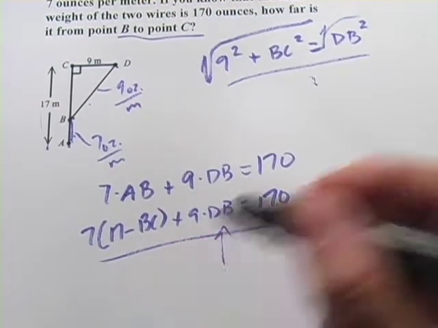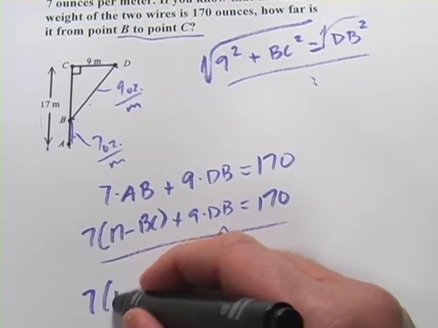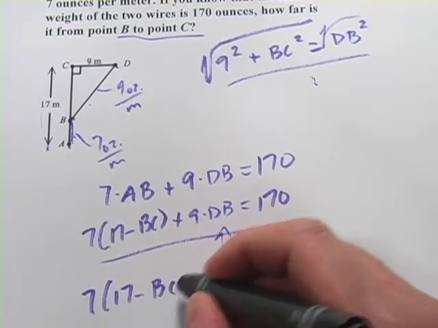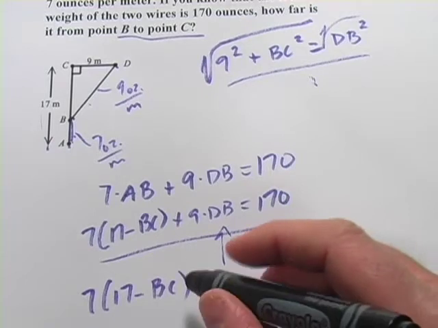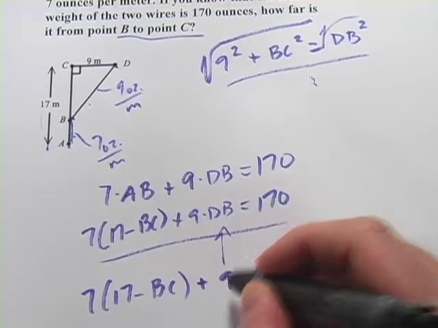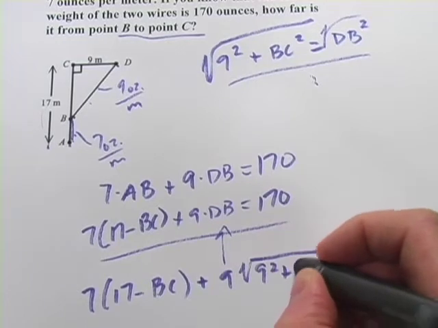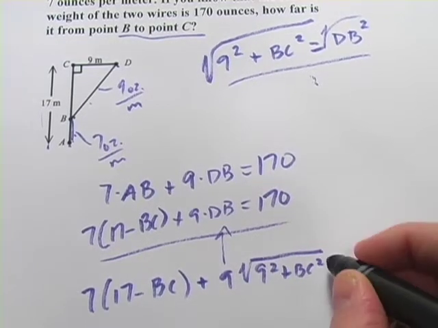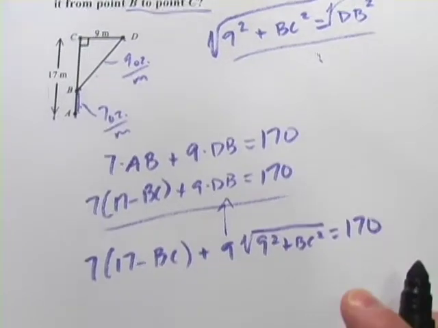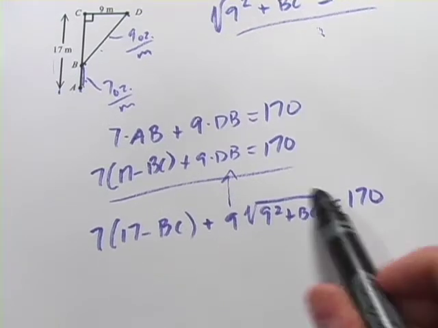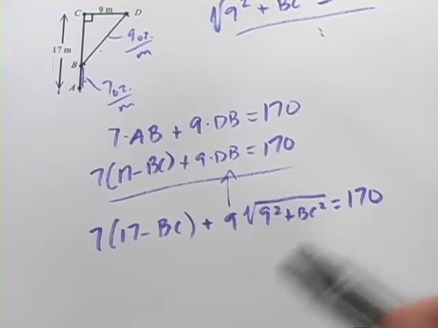Let's try that. There's a lot to do here in terms of calculation. So 17 minus BC plus 9 times DB, which we're defining now as the square root of 9 squared plus BC squared, equals 170. Now the next thing I want to do is isolate this square root and then square both sides.